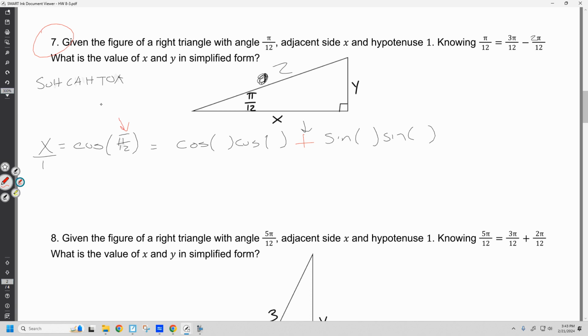We know pi over 12 is the same as 3 pi over 12 minus 2 pi over 12. 3 pi over 12 is pi over 4. 2 pi over 12 is pi over 6. You end up again with root 2's and root 6's and all that fun stuff. Y would be the sine of pi over 12, and you would do the same thing. Let's not spend time doing it. It's nice to be able to check your answers if you have a calculator.